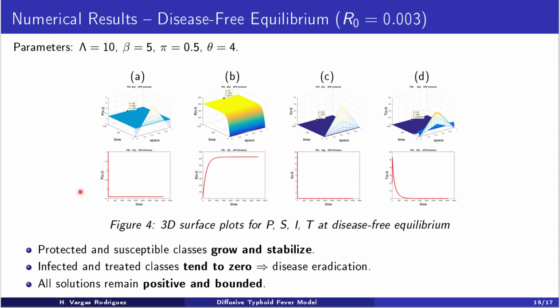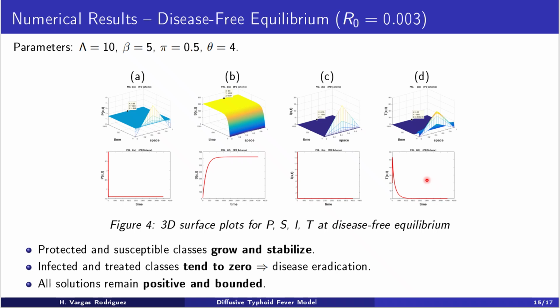The protected and susceptible populations grow and stabilize at their disease-free equilibrium values. More importantly, both the infected and the treated classes decay to 0. The disease is eradicated. Again, all solutions remain positive and bounded, and the surfaces are smooth.